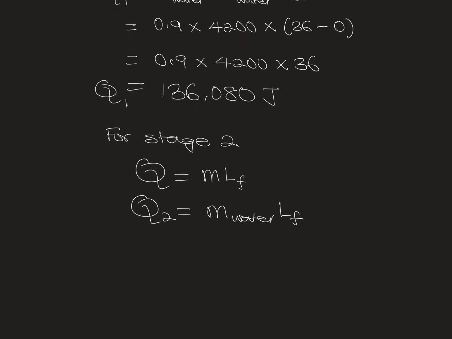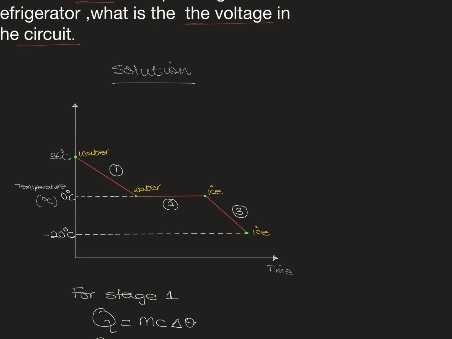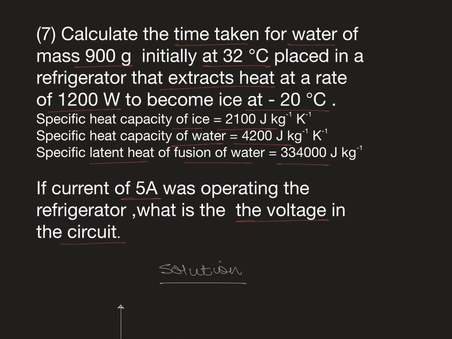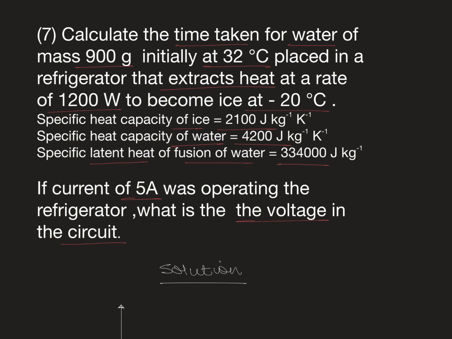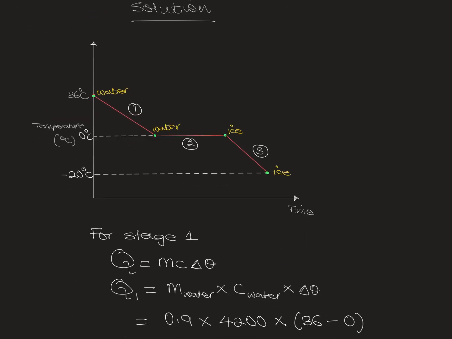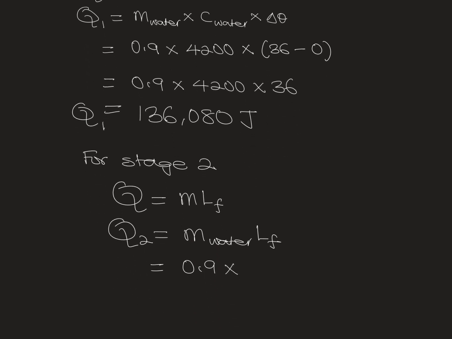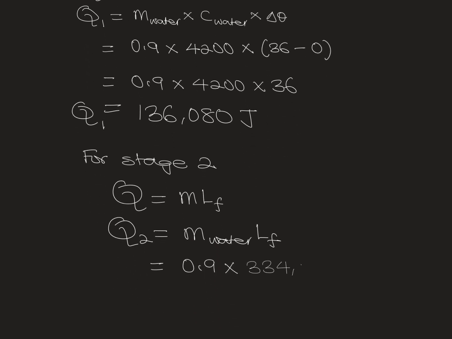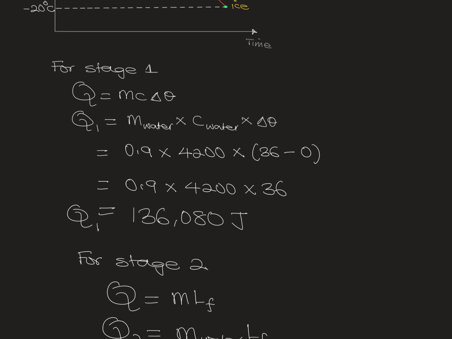So what is the mass of the water? It is 0.9 times the specific latent heat of fusion, which is given in the question as 334,000 joules per kilogram. The answer that we'll have for that is 300,600 joules.